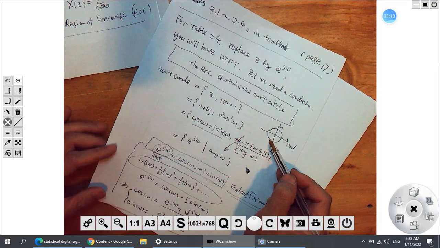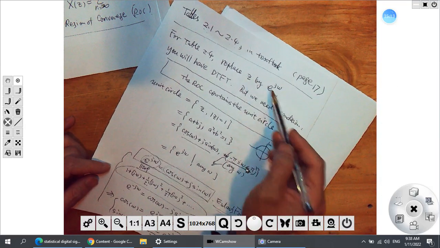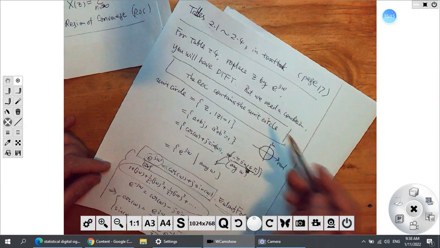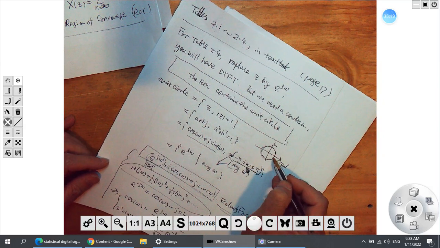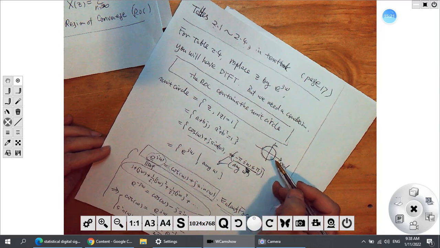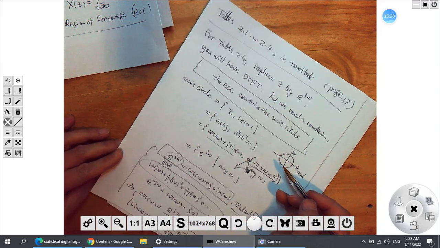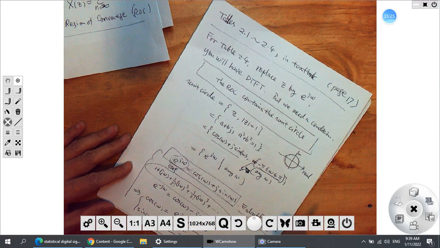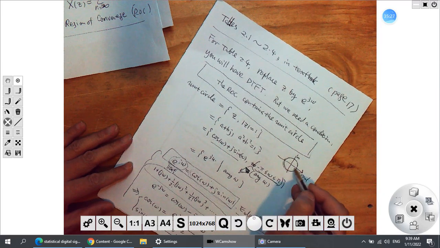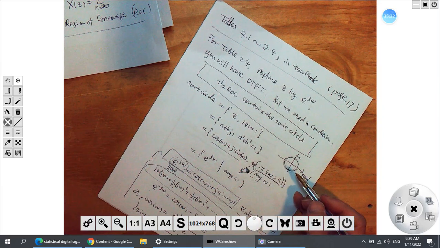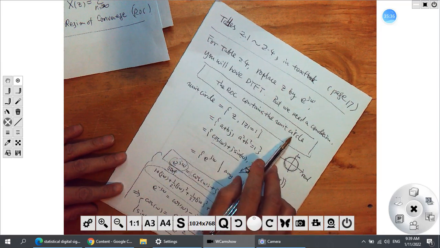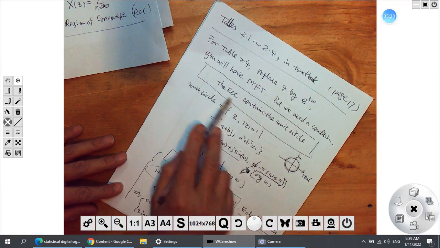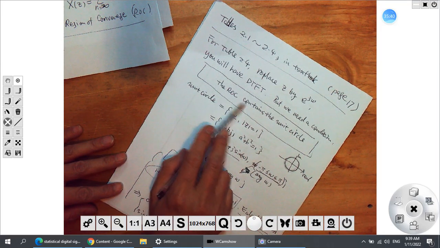Now we say we can replace z by this one. Then the requirement is on this part, this unit circle. When z equals them, you can do the calculation and have convergence. So z must belong to the convergence region. The condition is that the unit circle belongs to the ROC, or the ROC contains the unit circle.